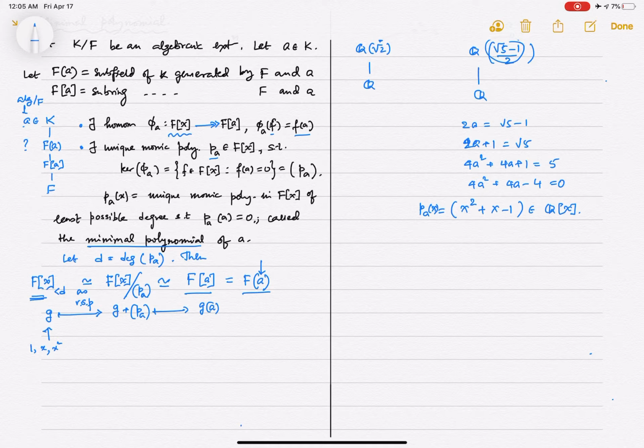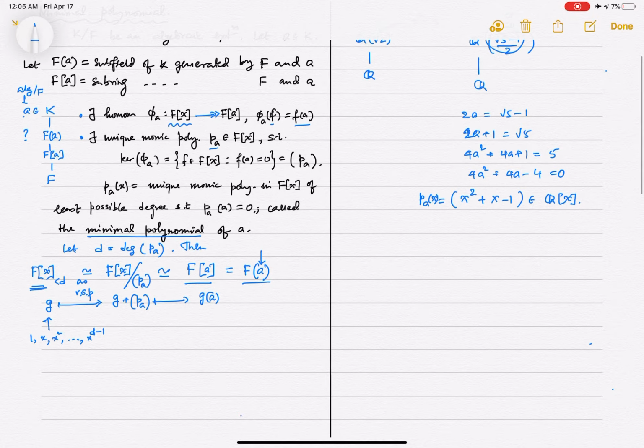So a basis is just monomials of degree up to d minus 1. So this is a basis here. And if you map that over, it just goes to 1, a, a squared, up to a to the d minus 1. These are the bases here.